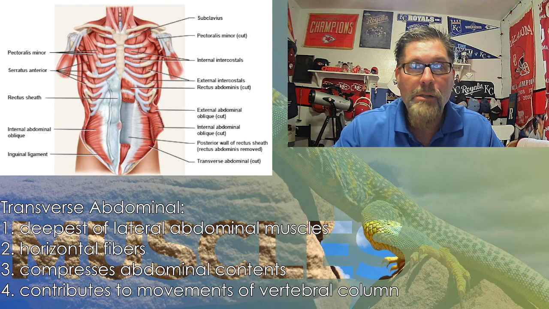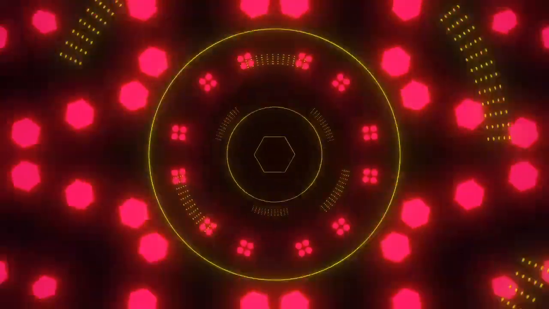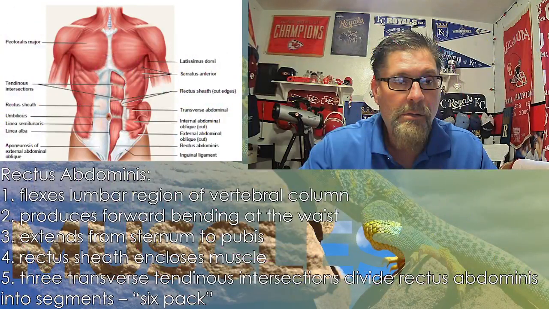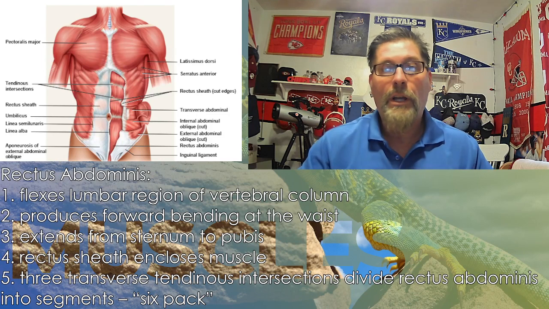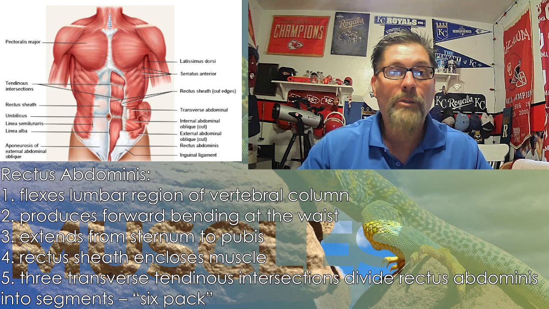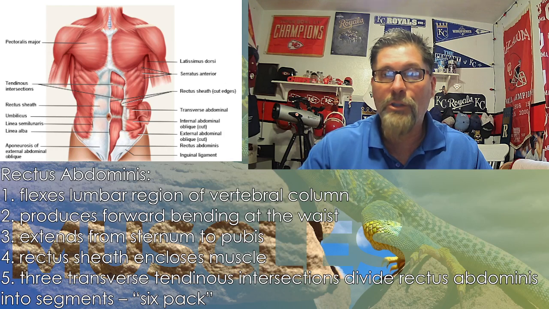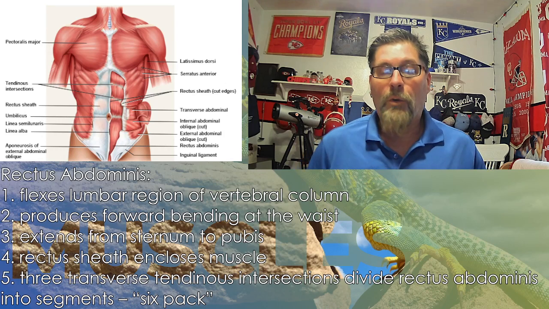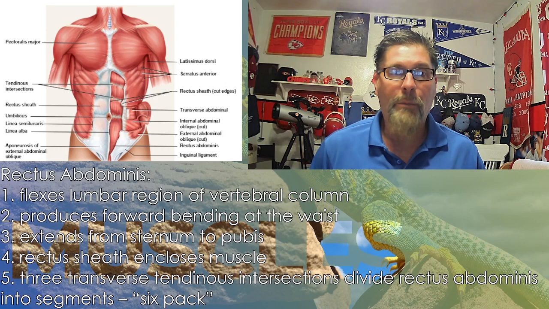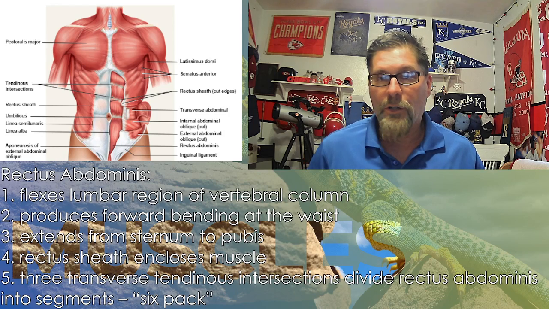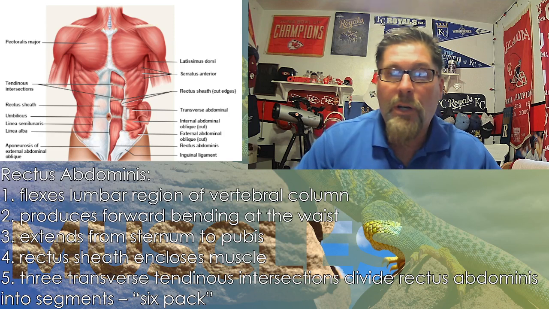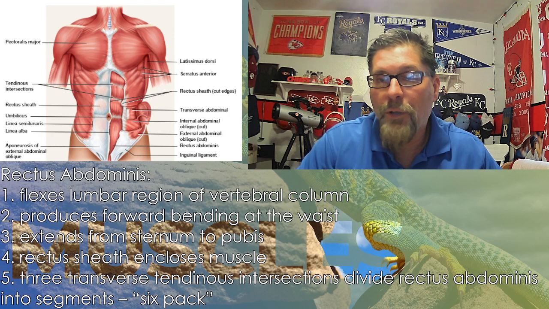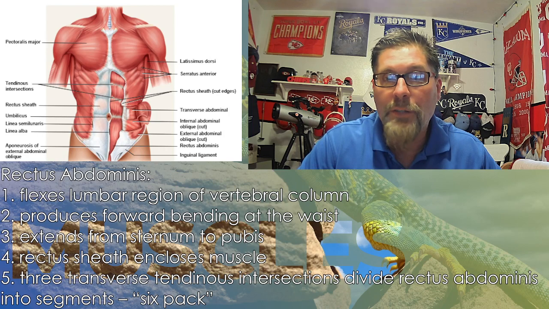And then the fourth member of this group is the rectus. Of course, the rectus refers to the rectum, so it's going to sit lower. These are the ones right behind the belly button. It's a good directional point, but it comes from the pubis area, and of course this is what makes the six pack.